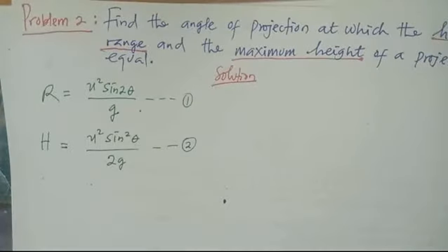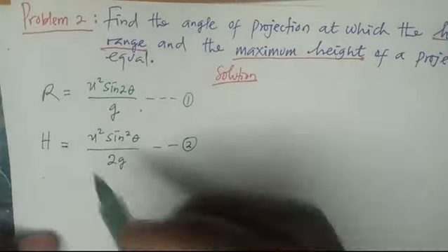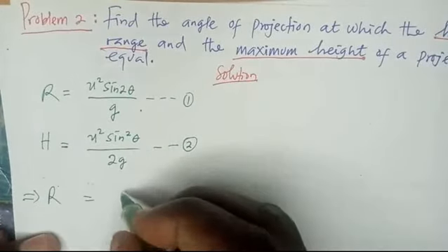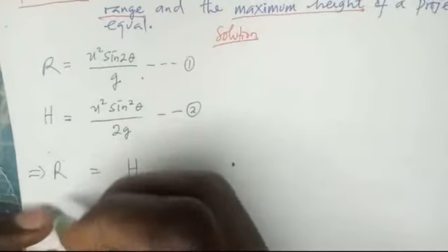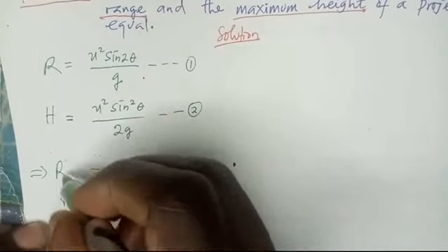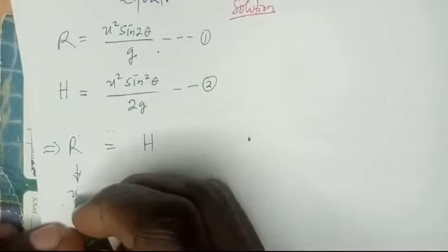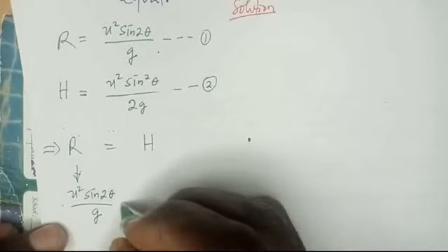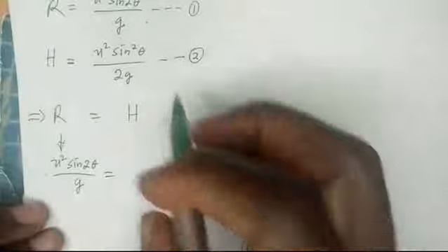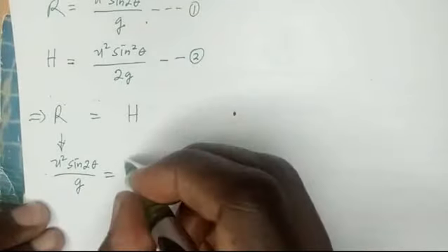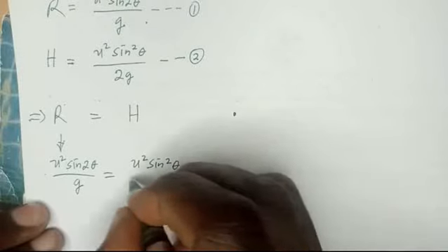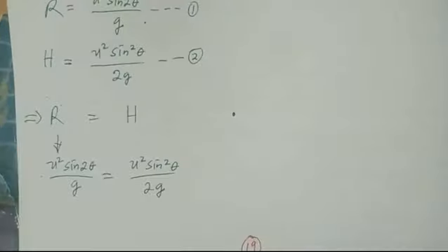Now if they are identical, it implies that R is equal to H. So we can substitute the right hand side. We go to equation 1 and take this for R. So we have u squared sine 2 theta divided by g is equal to, then we go to equation 2 and take the right hand side for H, and it is u squared sine squared theta divided by 2g.